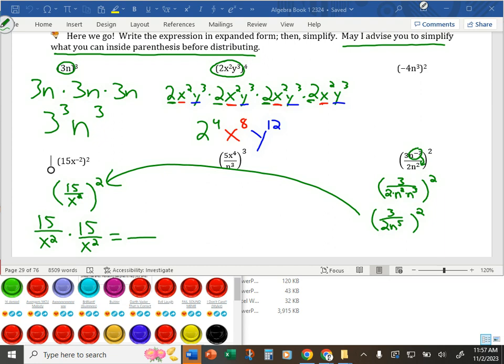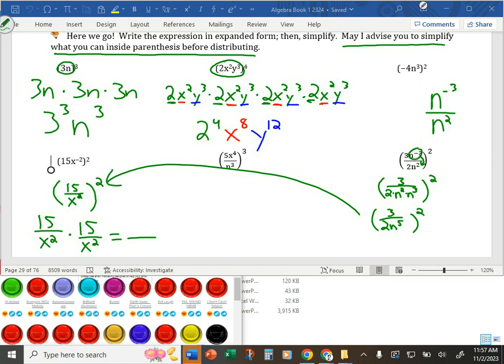I have a question. On the last one, when you're moving n to the negative 3 down to the original number, would you subtract instead of add? So once you move it down, it becomes positive. So then you'd add the powers 2 plus 3 there. If you subtracted the exponents, like if we had n to the negative third over n squared like this, and you wanted to subtract them, what's negative 3 minus 2?